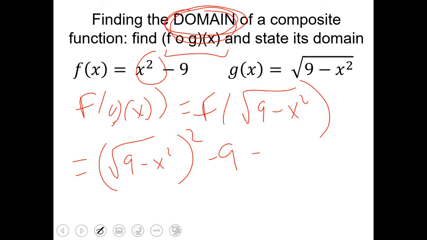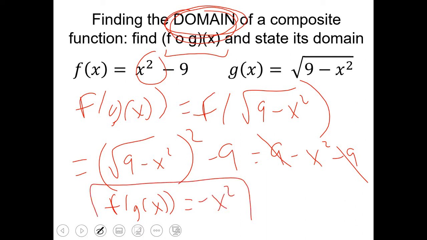Of course, if you square a square root, it just cancels, giving you 9 minus x squared minus 9. The 9s cancel, which means your new function, f of g of x, is equal to negative x squared. So when I say find the composite function, there it is, negative x squared.